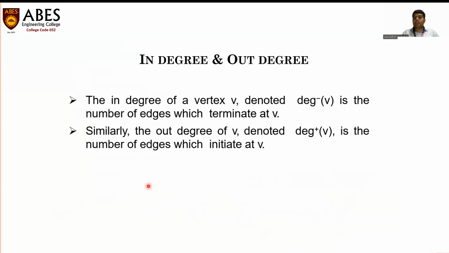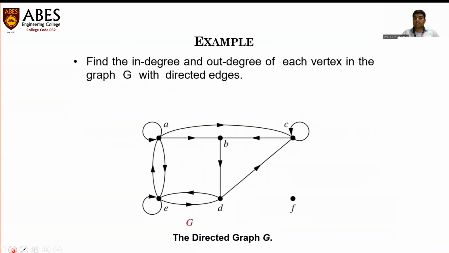Next, on the basis of degree, we have two things: in degree and out degree. If we talk about the directed graph, the number of edges that terminate at V, we will call it the in degree, denoted by degree with a minus sign and V within brackets. Similarly, there is an out degree, which is the number of edges which initiate at V. So we are going to take an example to understand the concept of in degree and out degree in a directed graph.